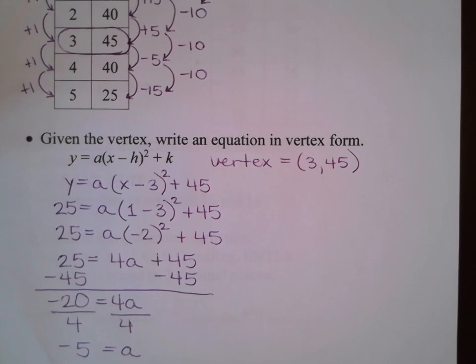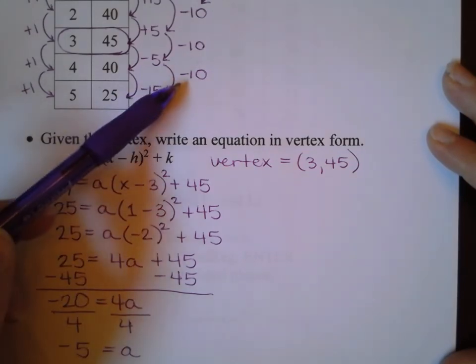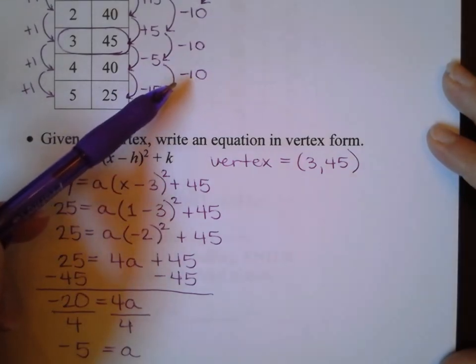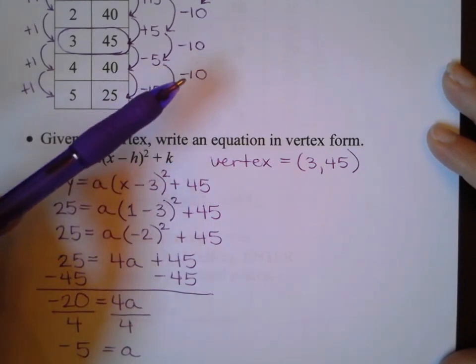Okay, now I wanted to show you us working that out so you could have a method that you can trust. This value for A is also always going to be half of the second difference. It's not a coincidence. It's not just this problem.